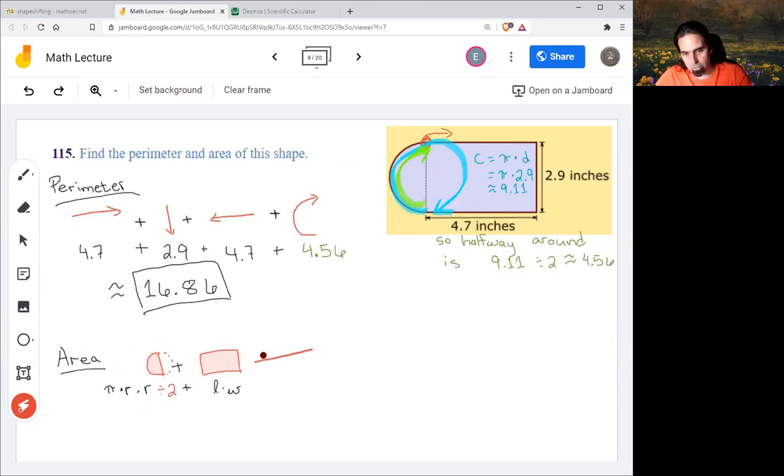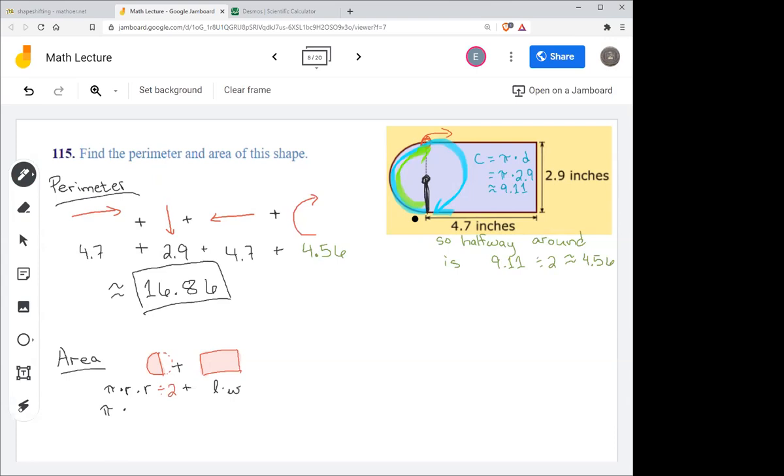Okay, so my first line had only shapes, and it's okay to make an equation with only shapes. We're getting our thoughts together. My second line has no measurements. It only has formula. Now I'll finally, on my third line, plug things in. So pi times the radius of this thing. What is the radius of this thing?